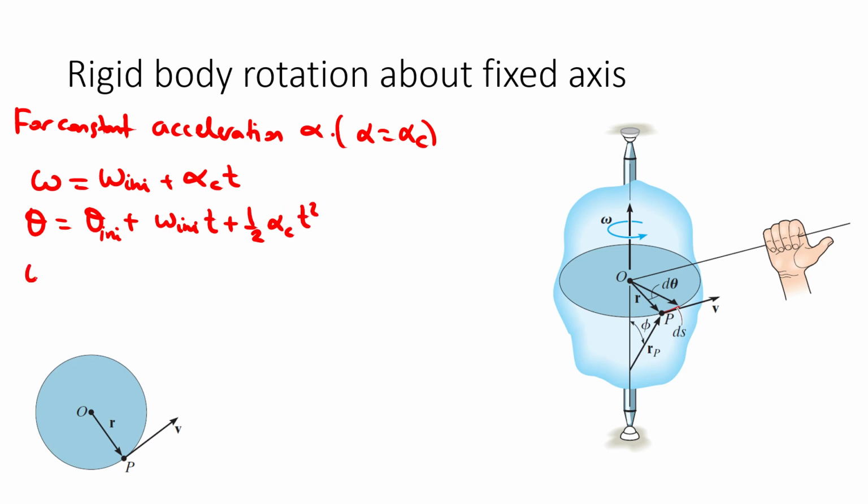And omega squared is equal to omega initial squared plus 2 alpha constant times theta minus theta initial.